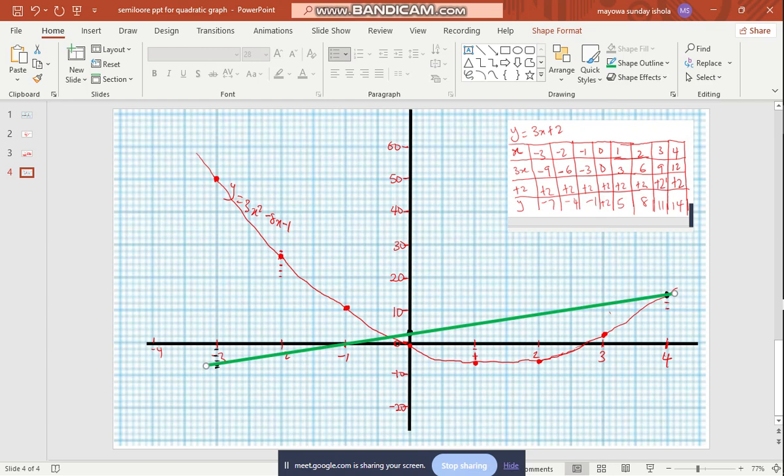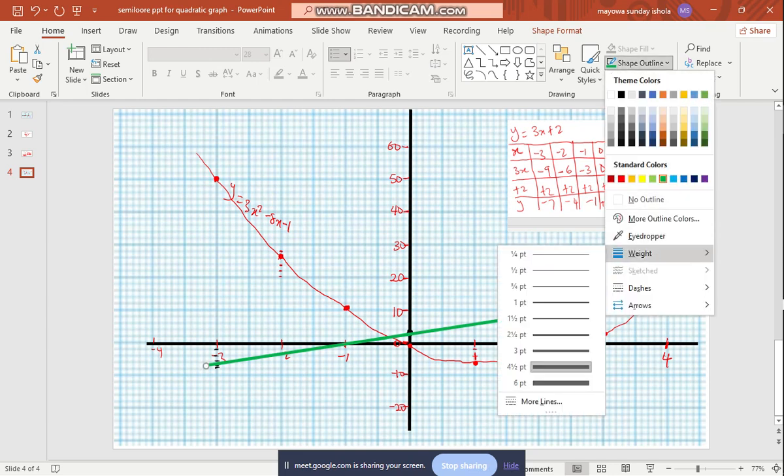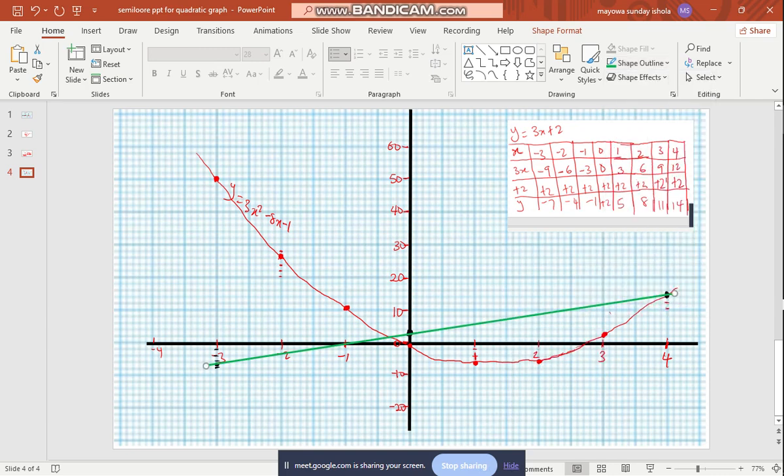Okay, let me give it a deep green. Then the outline should be reduced. So 14. Shemilore, do you see that? Yes. So that's the characteristics of a straight line.